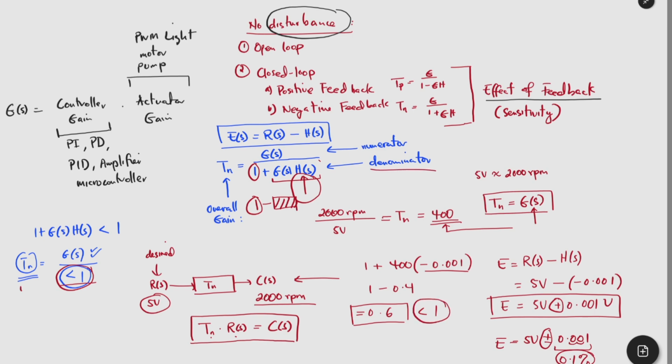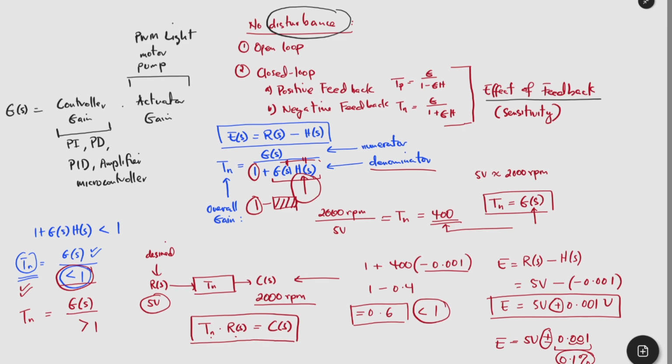In that case, we will have an increase in the transfer function of the overall gain of the system. And in the other case, we can have the transfer function equal to G of s, where the denominator is greater than 1. When we look at the denominator that is greater than 1, that means the values of G of s and H of s must both be a bit greater than 1.